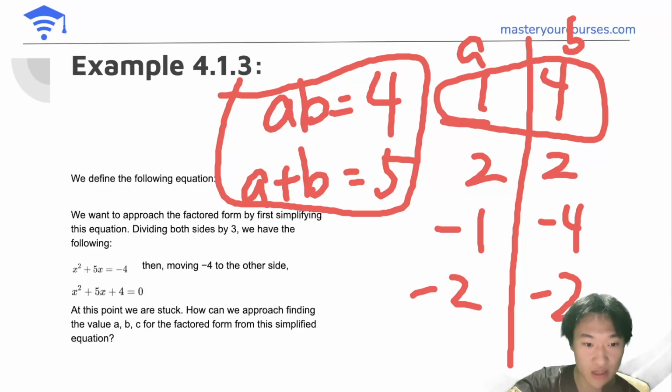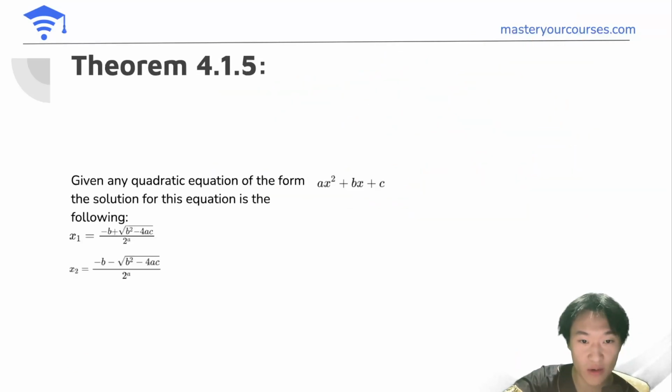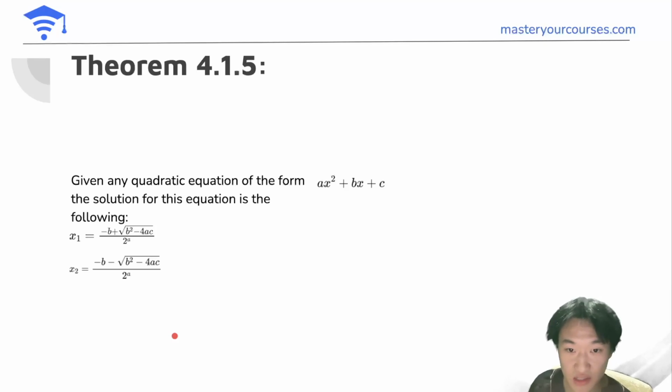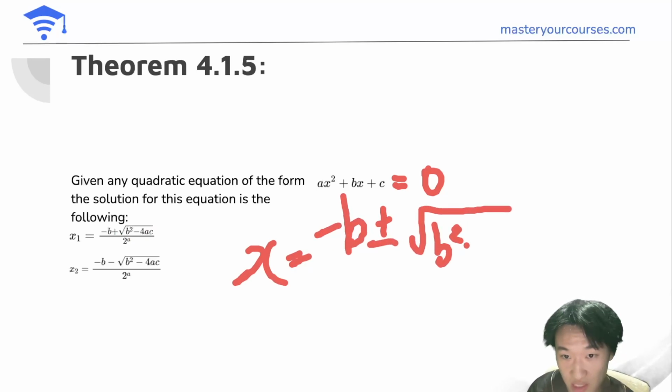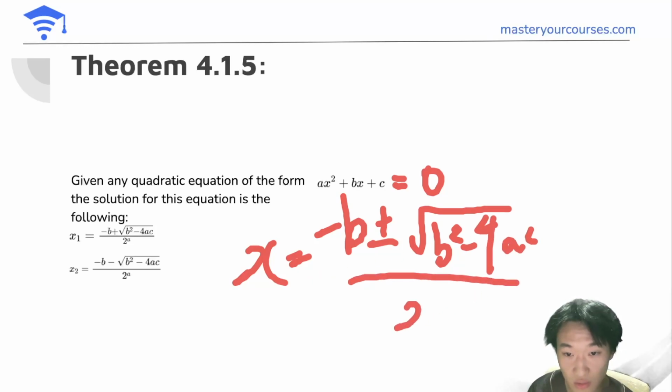But sometimes it's not that simple. What if a and b are really large numbers, right? That makes it really difficult. But in that case, we have this formula: if the equation is in the form ax squared plus bx plus c equal to 0, then the solutions are x equal to negative b plus minus square root of b squared minus 4ac, over 2a.